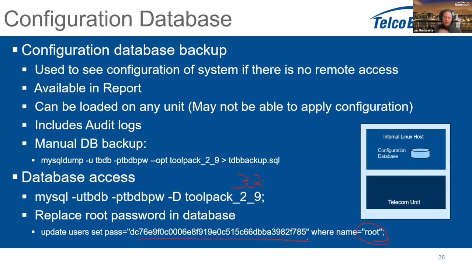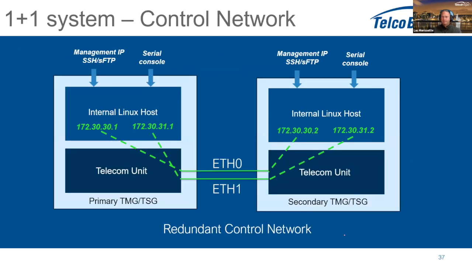The password of the web interface is inside the database, and you can't access it unless you have the password. But if you have root access to the system, then you can change that password. So it's not the password of the SSH port, it's the password of the configuration database backup.